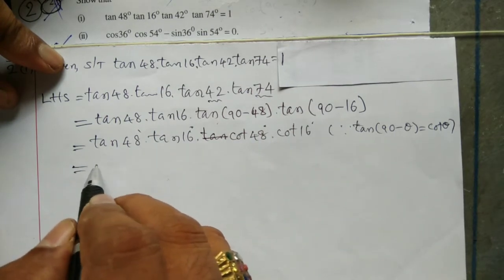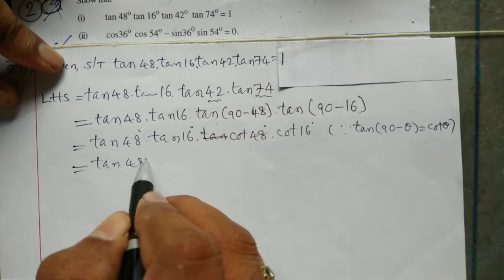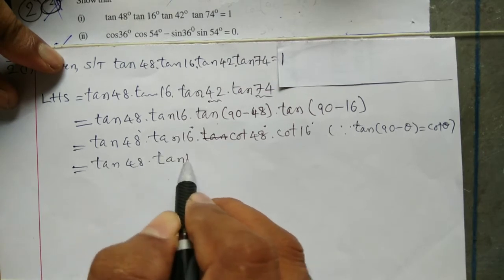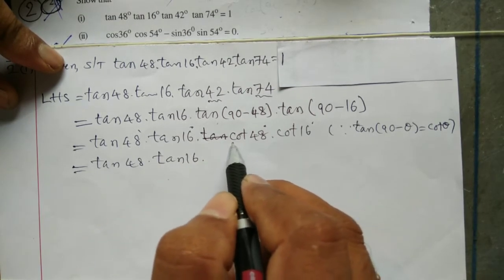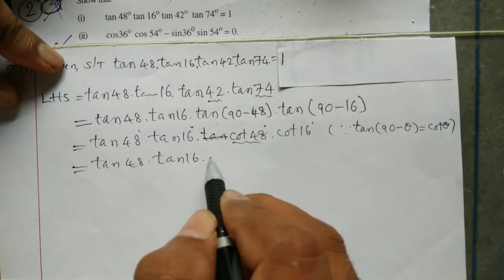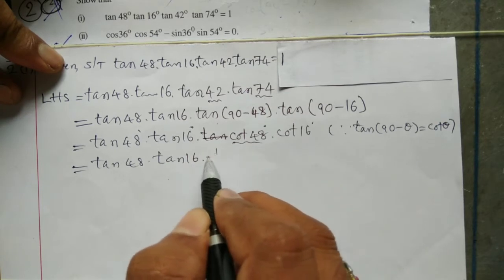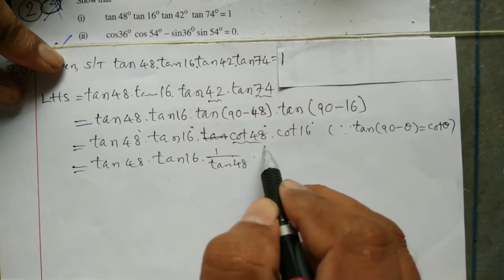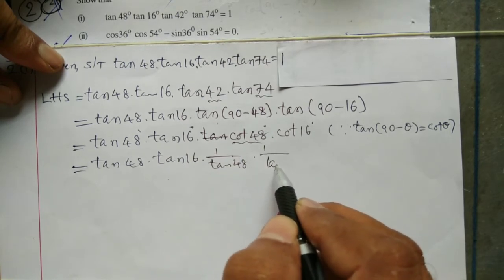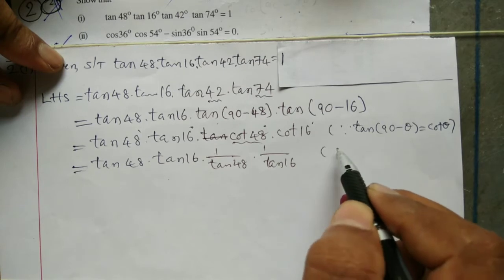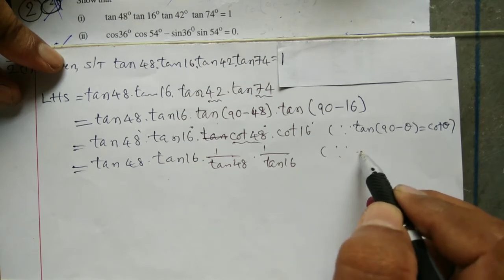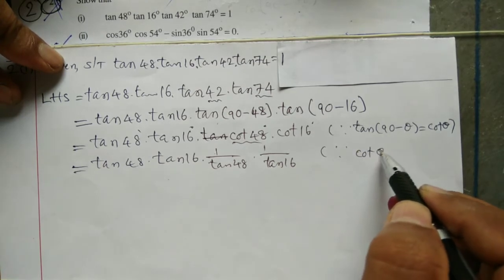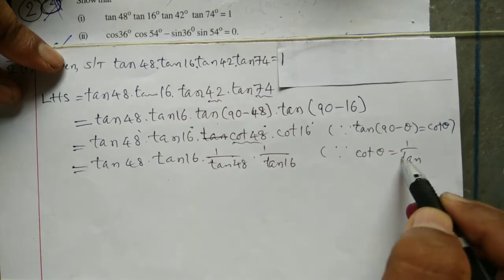So tan 48, tan 16, cot is the reciprocal of tan, that's why we can write 1 by tan 48, 1 by tan 16, because cot theta is equal to 1 by tan theta.